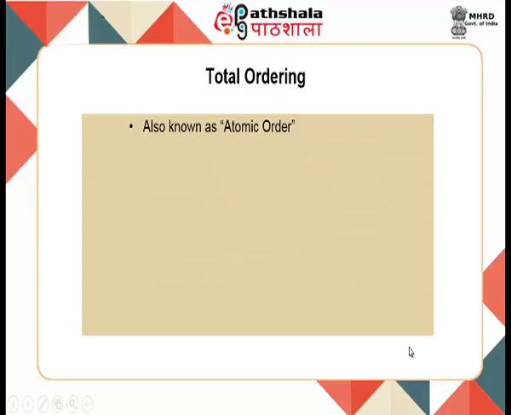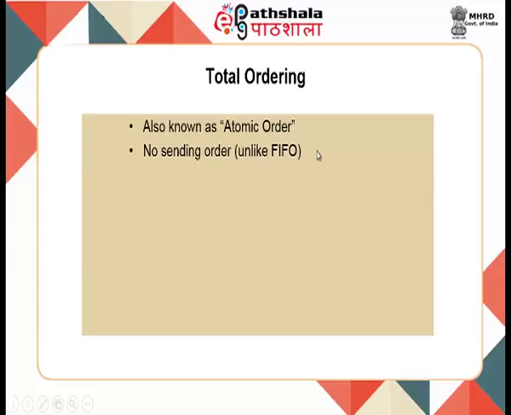The last one is the total ordering. In total ordering, this is also called an atomic ordering. As we have already seen in many examples, atomicity is the practice of all or none. That means whenever we say atomic ordering, we insist that changes or variation cannot happen.